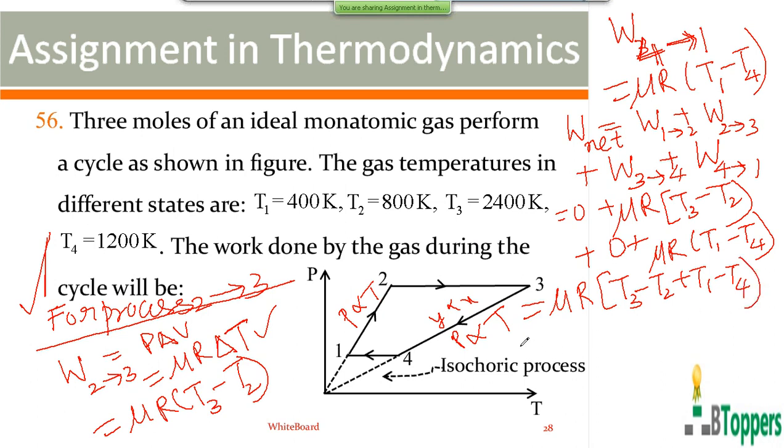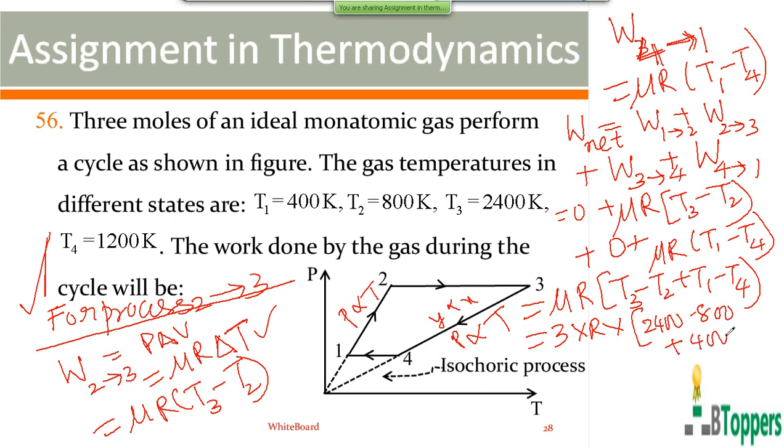Now we can substitute all the numericals. You can take nu equal to 3 moles of the gas here. T3 is 2400. T2 is 800.